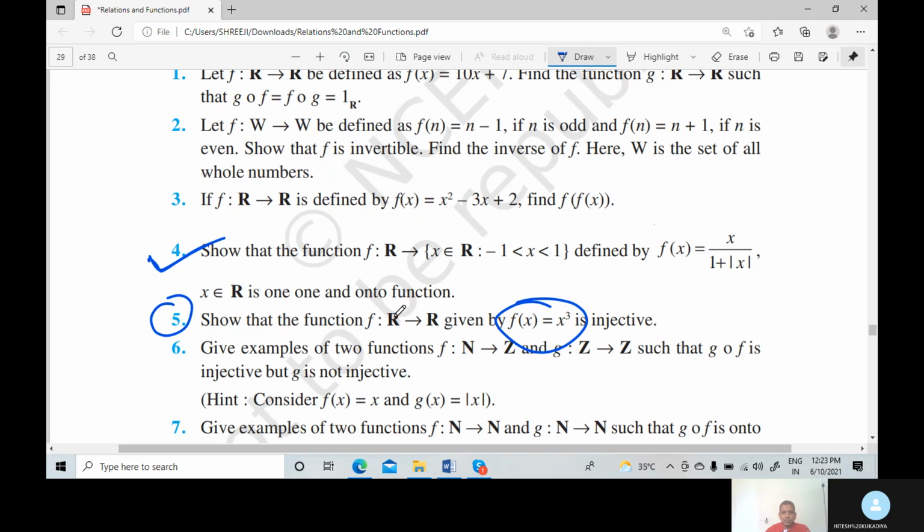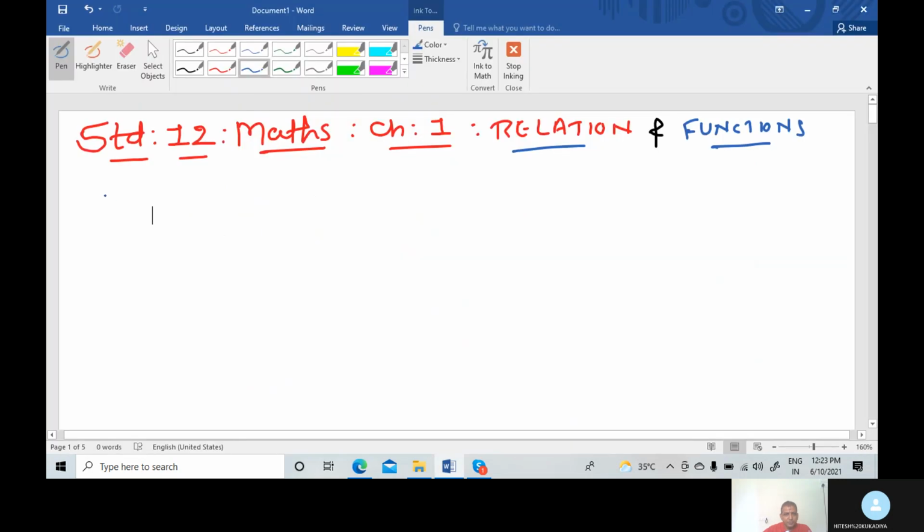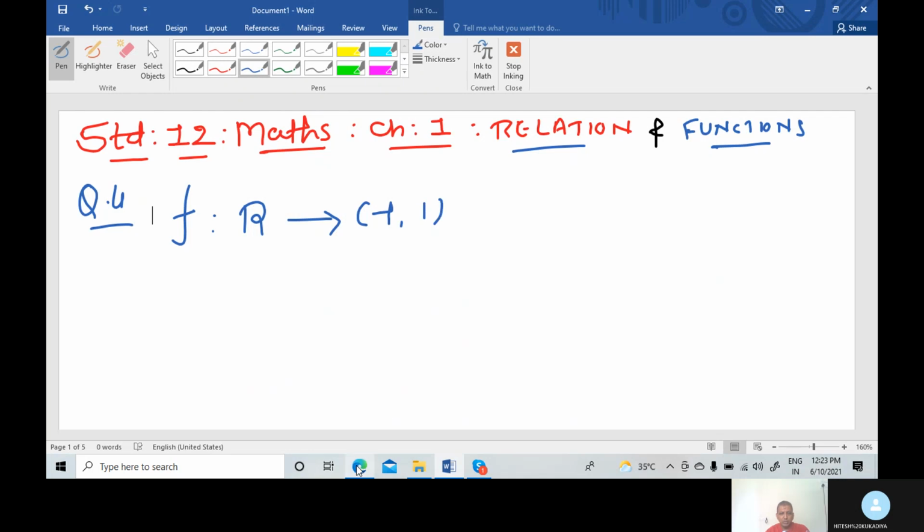Okay, first we write question number 4. Look at your exercise. Question number 4. f is the function from R to the open interval (-1, 1).